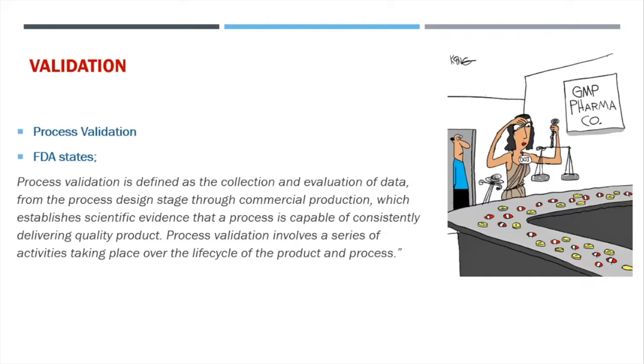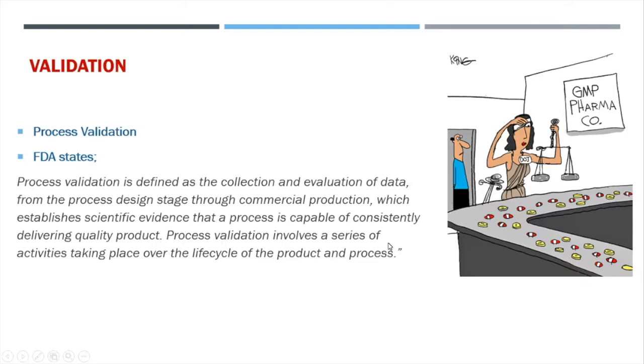And when you see that under those stressful conditions, worst scenarios, and very extensive sampling, and with very stringent specifications, you are still meeting the specs. Your product is still meeting the required quality standards. Then you say your process is validated. So basically, validation establishes scientific evidence that a process is capable of consistently delivering quality product.